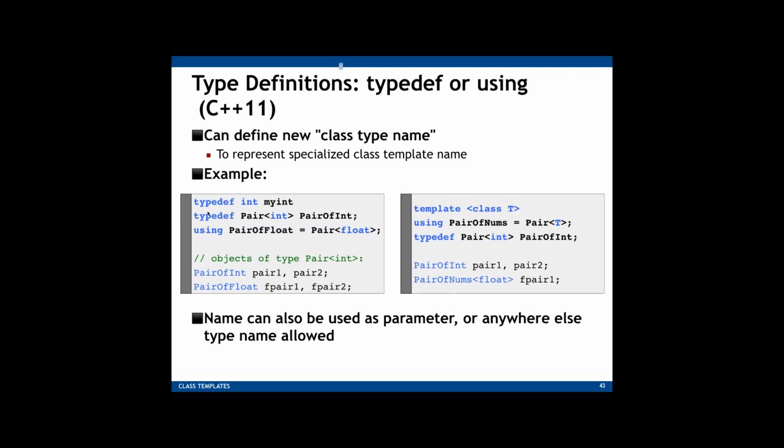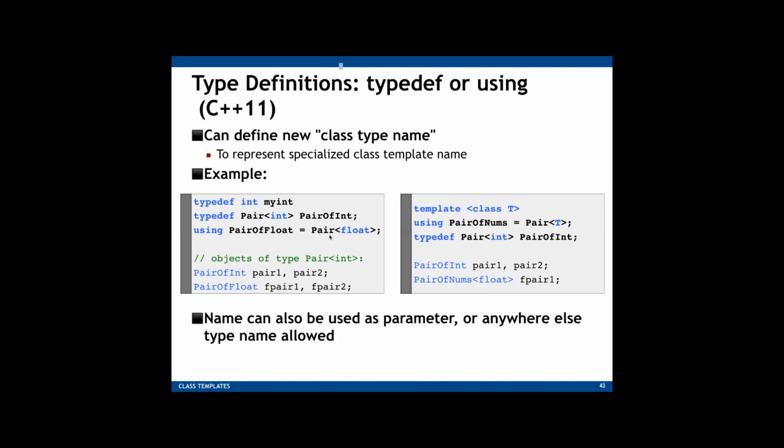Instead of using a typedef, you can use a using keyword, which is newly introduced in C++11. The syntax is that you put the using keyword here and specify the new name for the type, and you put the original type name here.